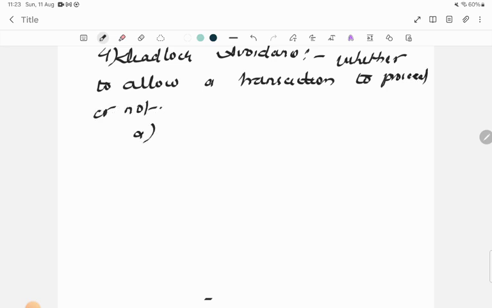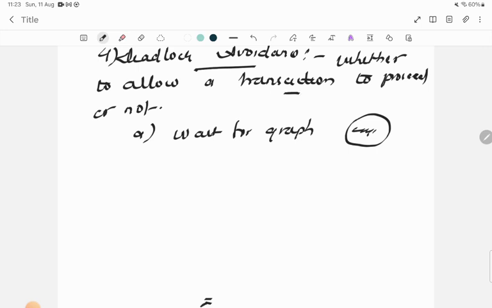What are the methods for this? The first method is the wait-for graph. As we discussed, if while drawing this wait-for graph we get a cycle, we should avoid the transaction; we should not allow it to proceed.